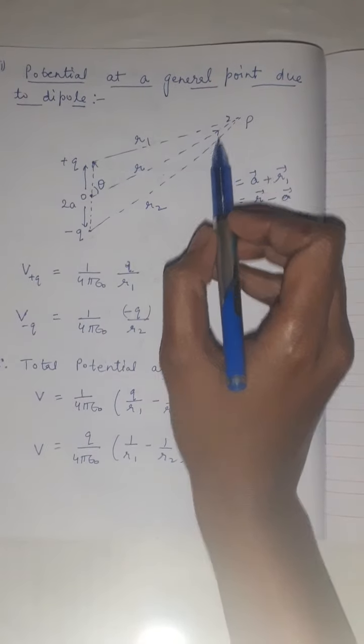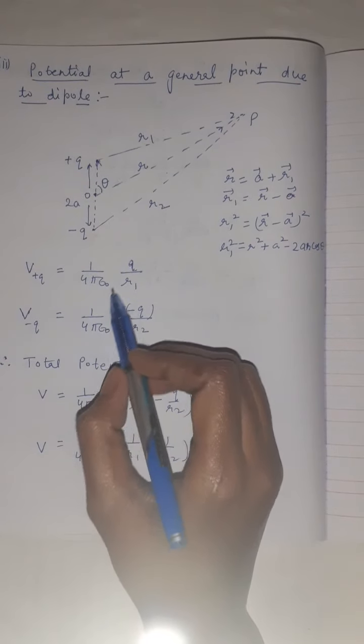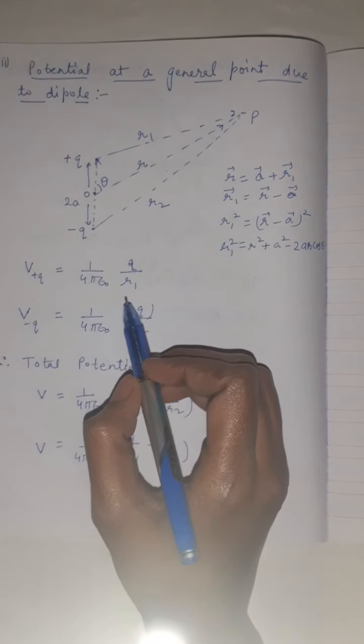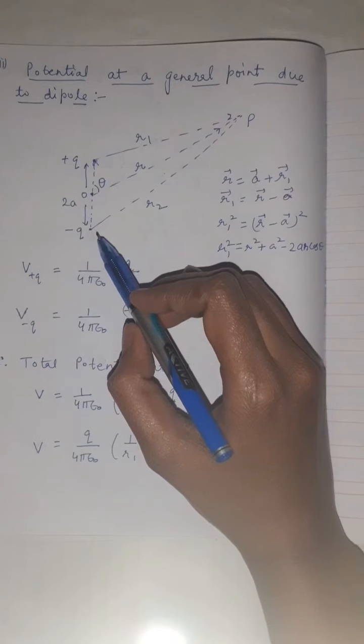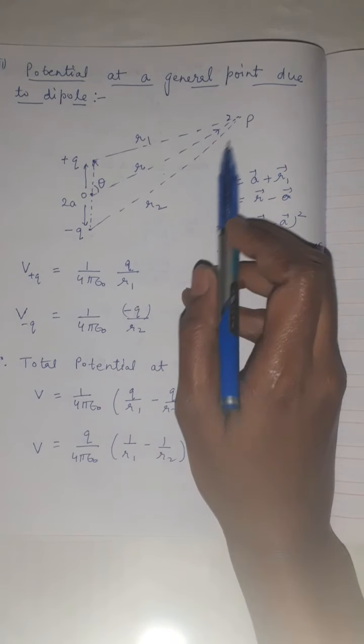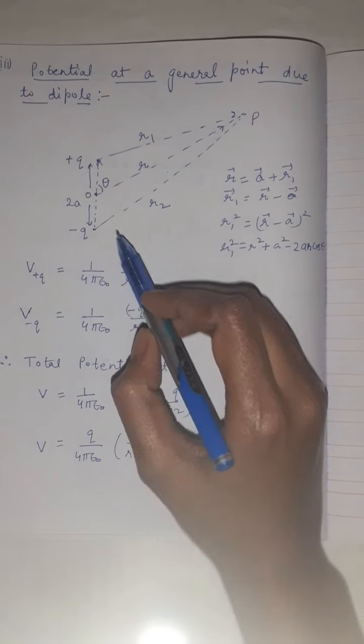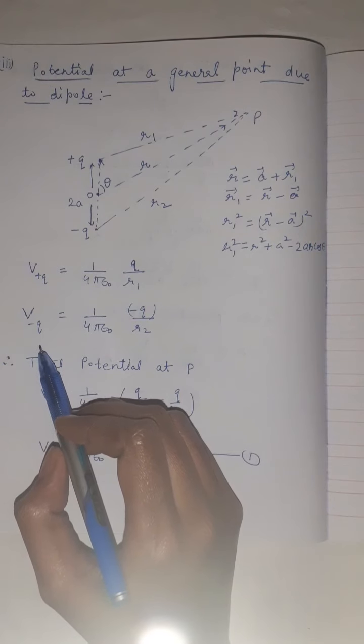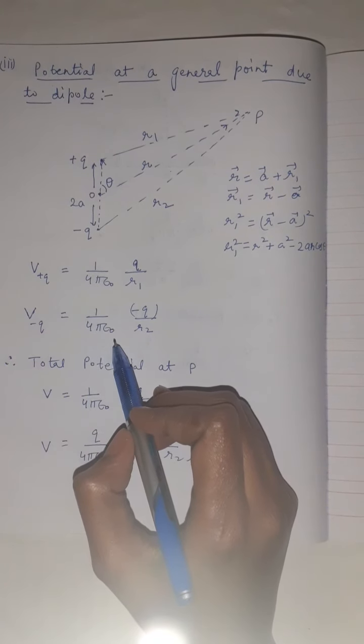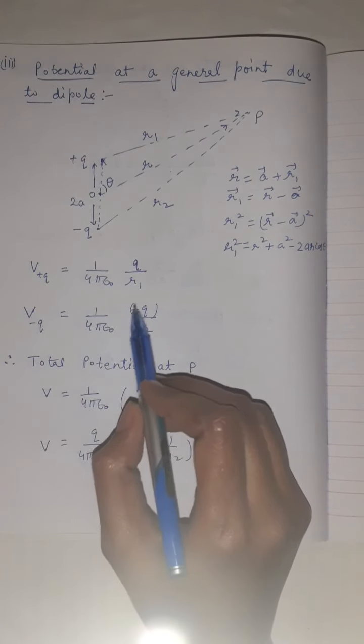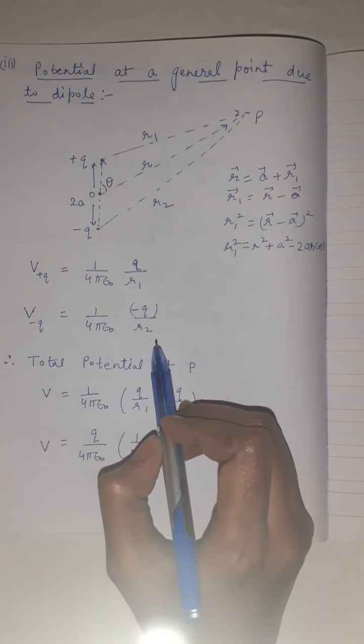This is the distance which is R1. So 1 upon 4 pi epsilon naught Q upon R1. Similarly, the potential at P due to this minus Q charge will be V minus Q is equal to 1 upon 4 pi epsilon naught, charge is minus Q and distance is R2.